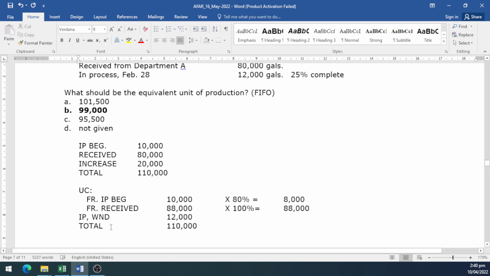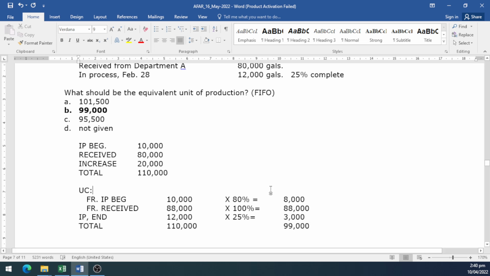Then, for in process end, na 12,000 units, 25% complete daw. So, times 25%. 25% of 12 or 1/4, that is 3,000. So, ang ating equivalent units of production, yan po ay 8 plus 88, that's 96 plus 3, 99,000.